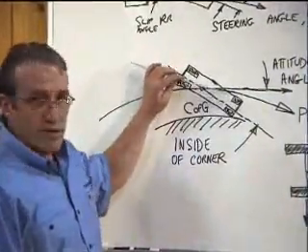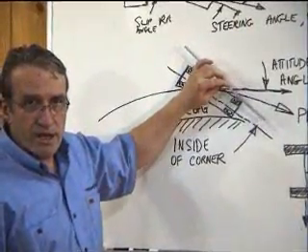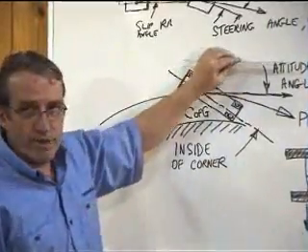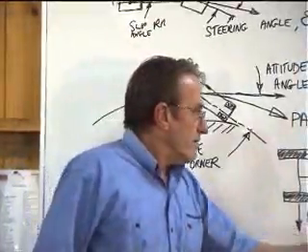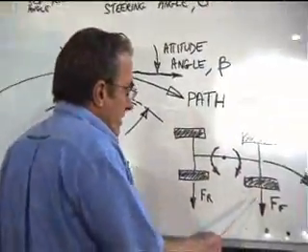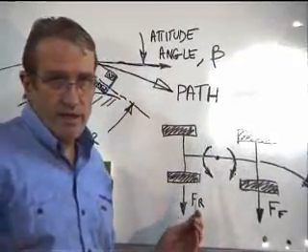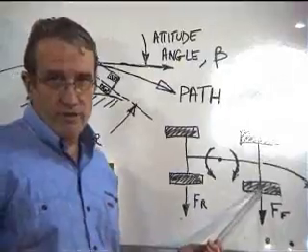The other interesting thing is, how does it happen that we get the tighter path, the oversteer, and the wider path, the understeer? How does this actually happen? If we move over to this diagram, we've got the front wheels of the car and the rear wheels of the car, and this is the lateral force.